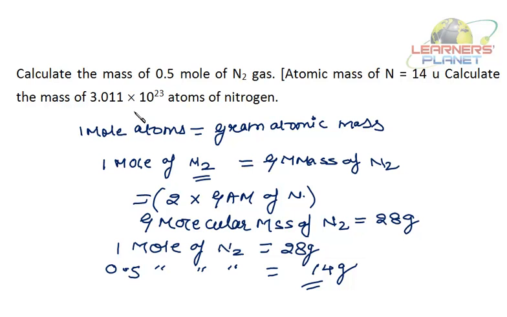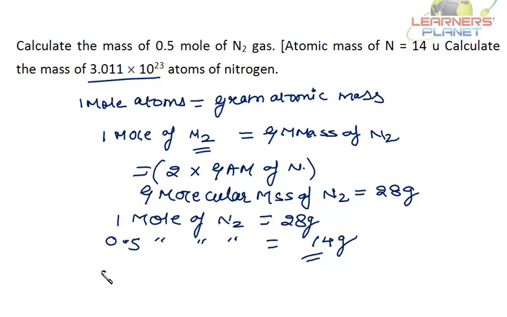Now you are also asked to find out the mass of 3.011 into 10 to the power 23 atoms of nitrogen. Now we know that 6.022 into 10 to the power 23 atoms of nitrogen will have how much mass? The gram atomic mass. See, 1 mole of nitrogen will contain 6.022 into 10 to the power 23 atoms.